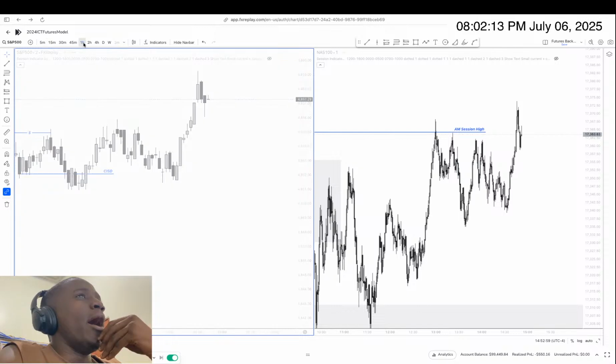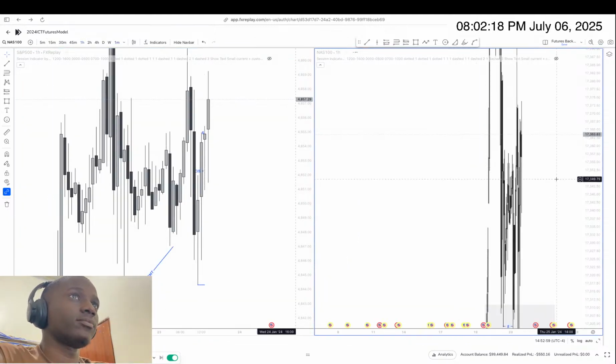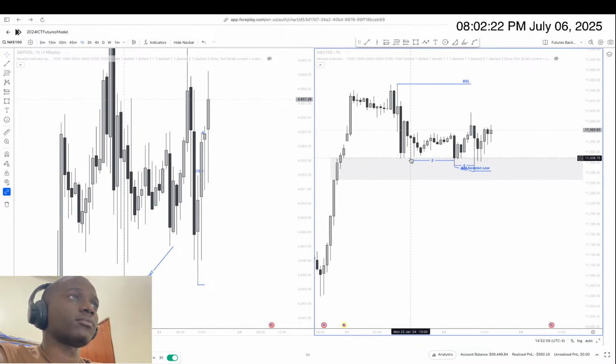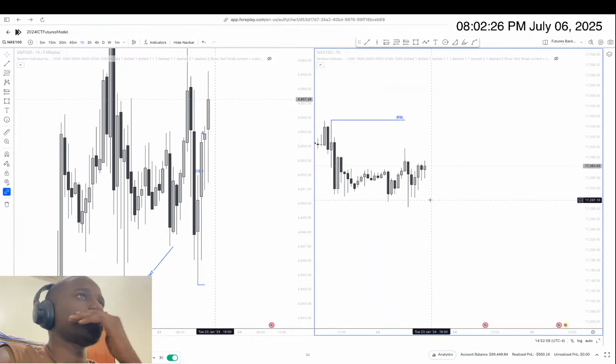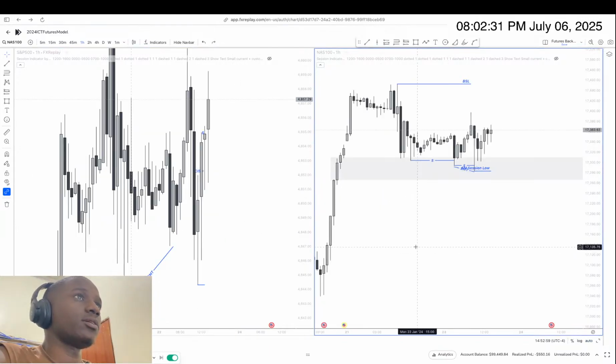Let's go to the 1 hour and see, we had a crazy loss. But I still believe we're still bullish, so we will obviously have buys later on in the day.